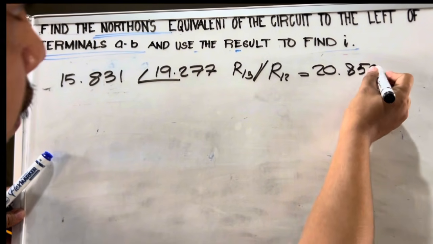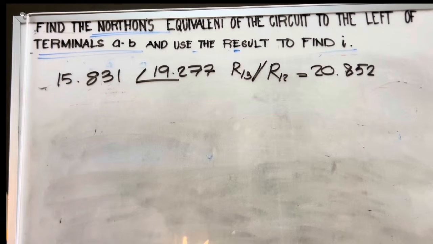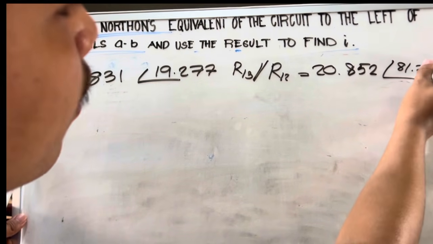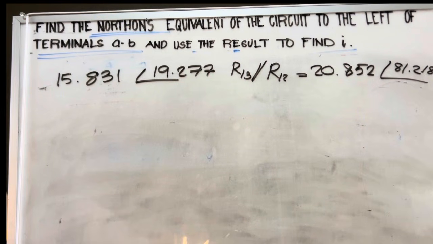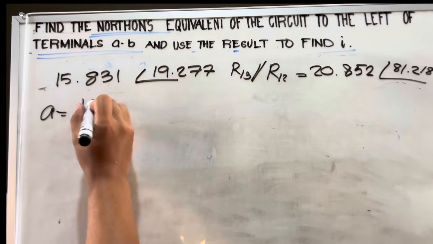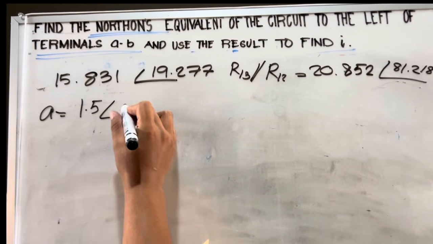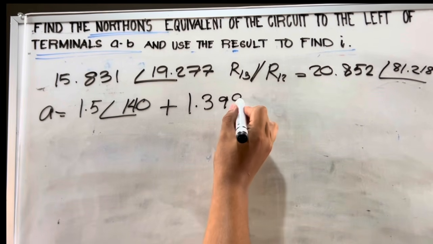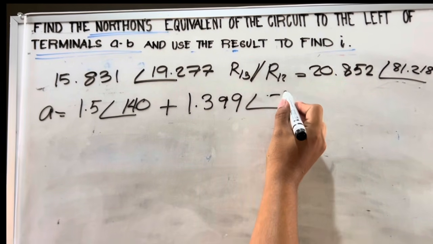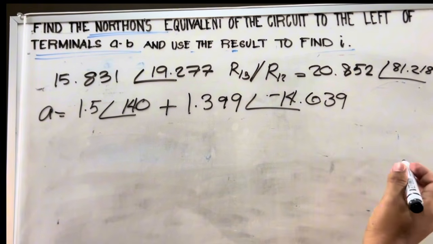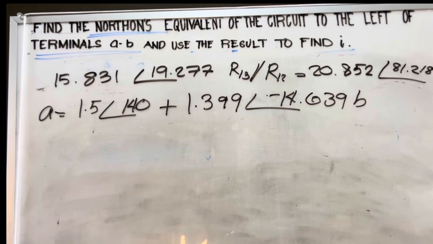We will now have A is equal to 1.5 angle of 140 plus 1.399 angle of negative 14.639 times B. Okay, this will become our, again, equation 2.